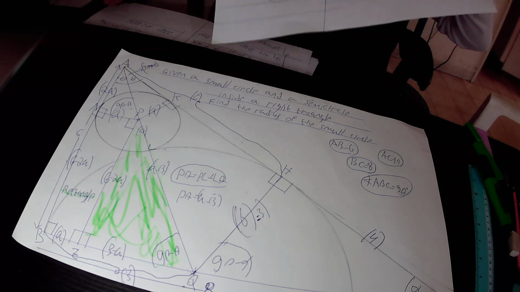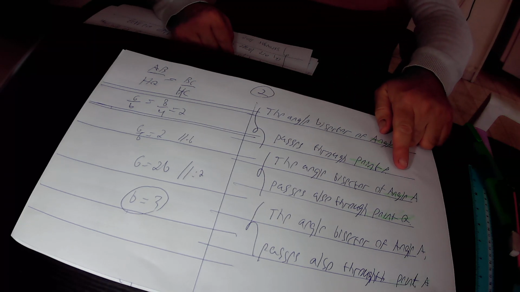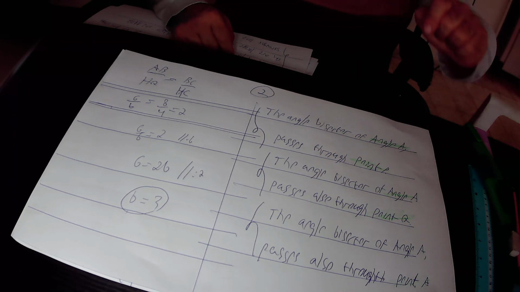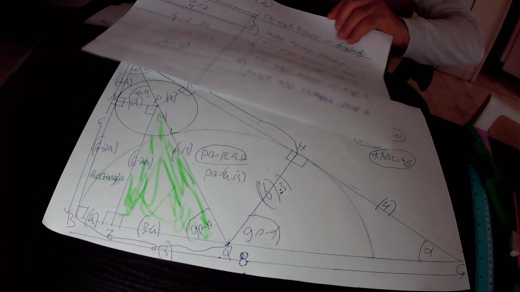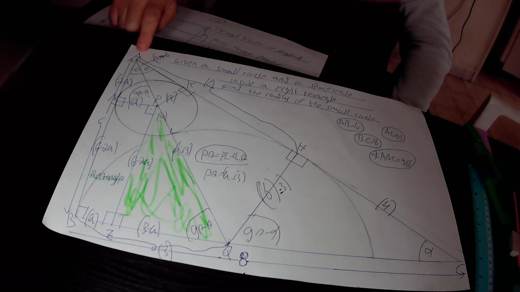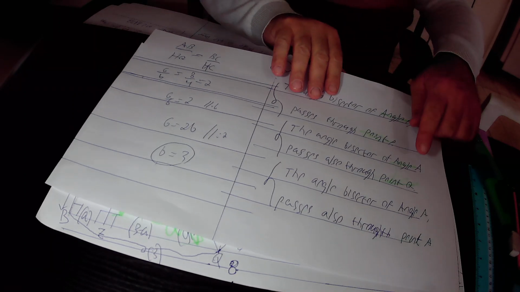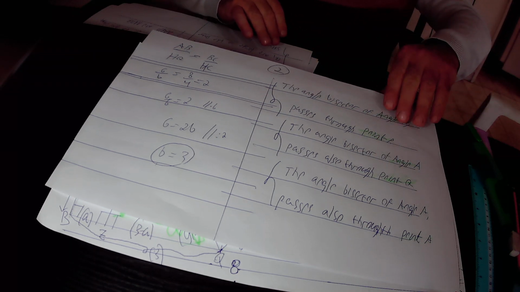And it is obvious that the angle bisector of angle A also passes through point A.